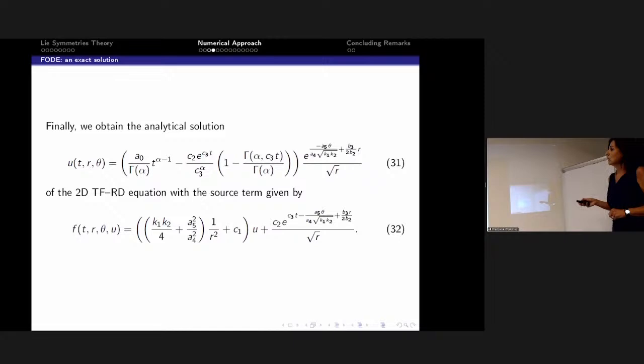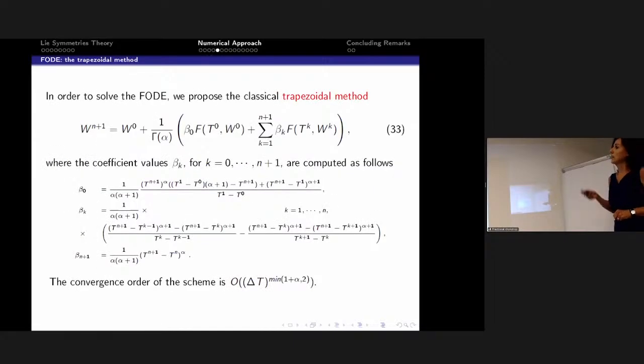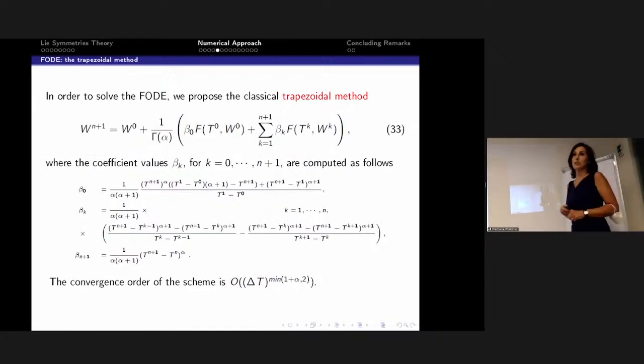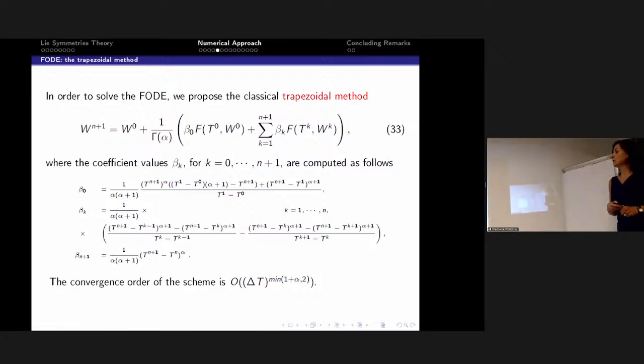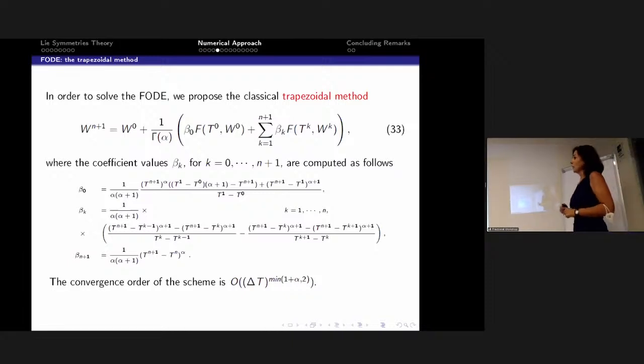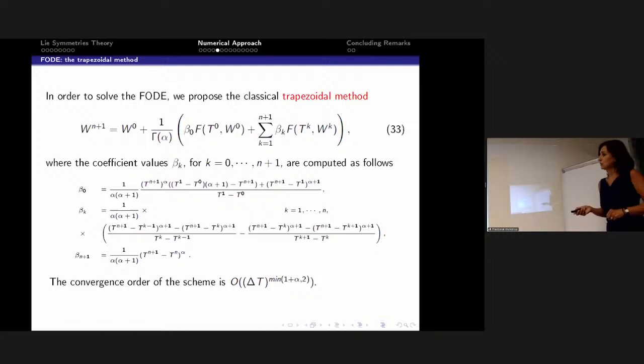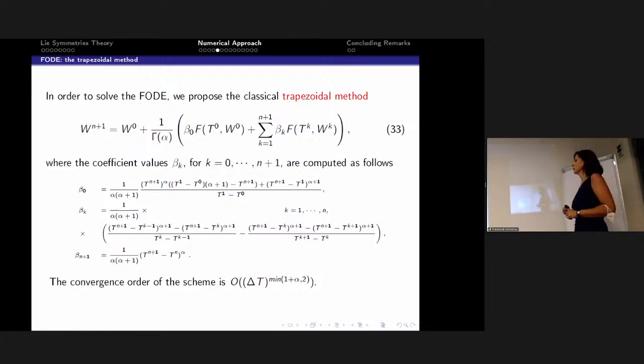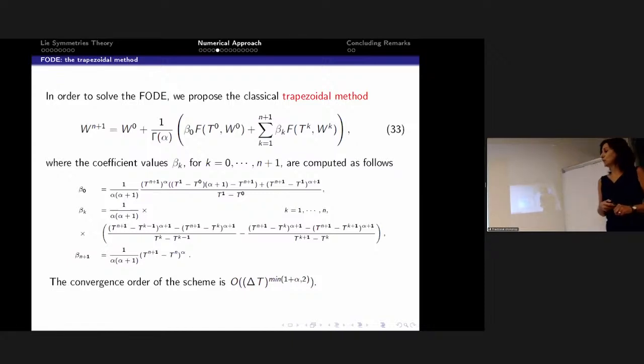And now I show you the comparison. In order to solve the fractional ordinary differential equation, we propose a classical trapezoidal method. We propose it for its very good properties of accuracy and stability. This is an implicit, conditionally stable method, and the method has an order of convergence equal to the minimum between 1 plus alpha and 2.